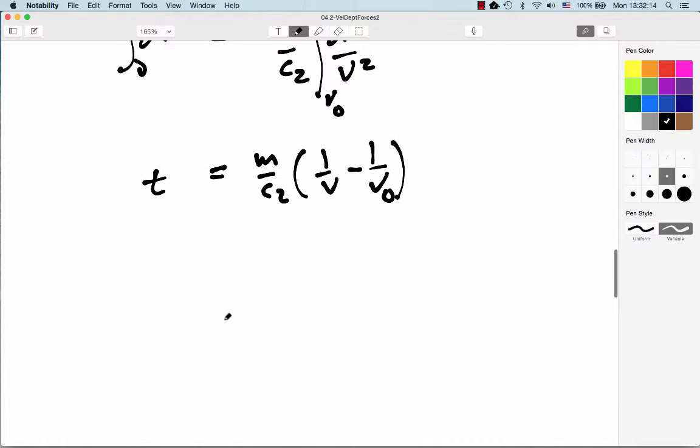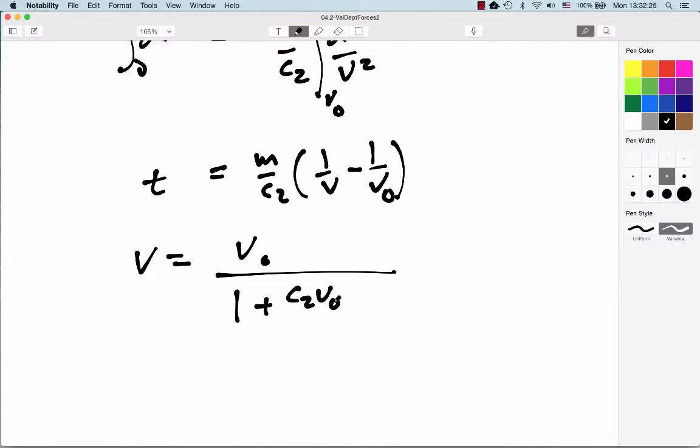When you rearrange it around, you will get, so I'm just skipping some tedious algebra here, v naught over 1 plus c2 v naught over m times t. All right. Now, that's getting to be a little annoying to write.